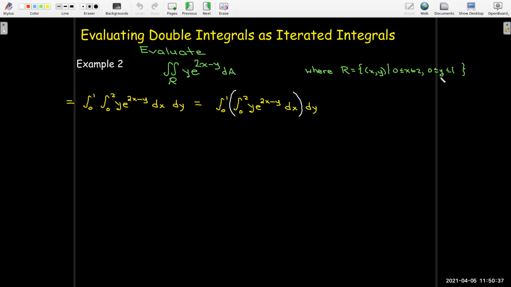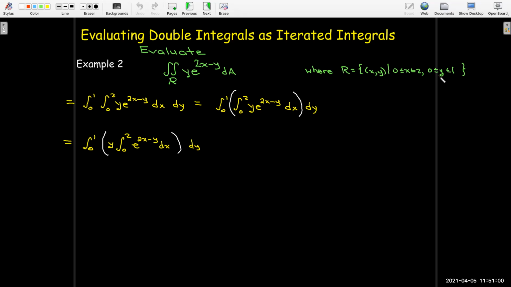I'm taking the partial antiderivative with respect to x, but I see that I can first pull out the multiplicative y, because I'm treating that as a constant, and multiplicative constants can be taken outside the integral.